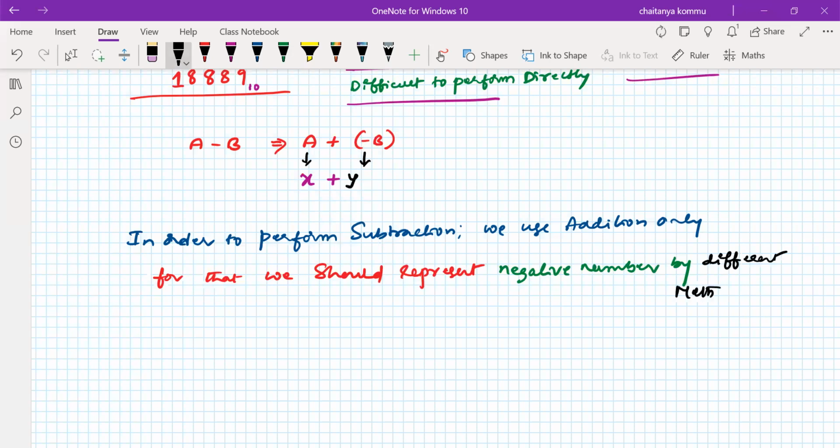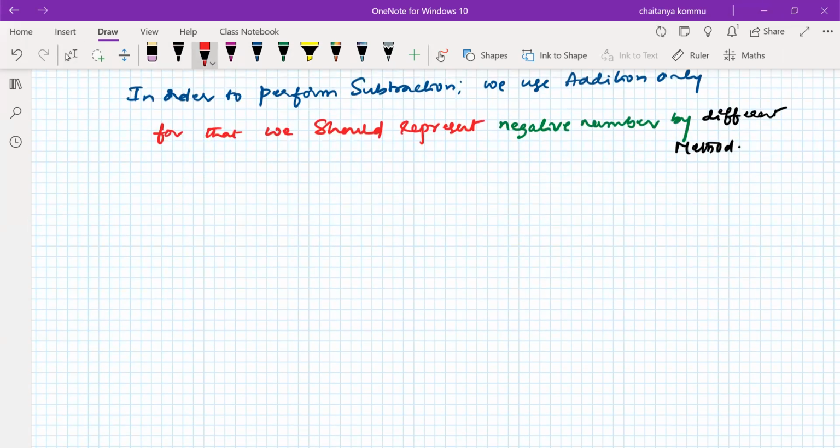What is the different method we will write now? Is it clear to all of you? So the representation of the negative numbers uses a different method. I told you that it is called sign magnitude representation or complementation.